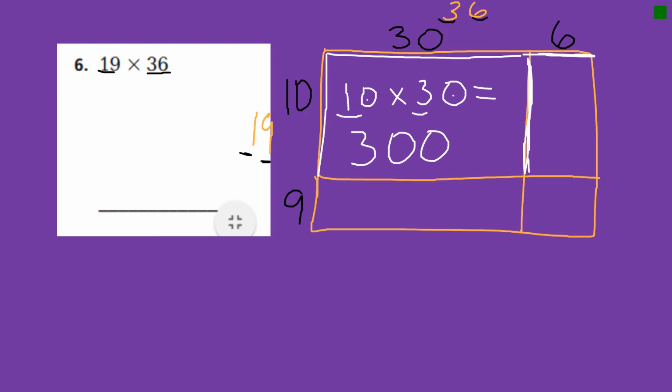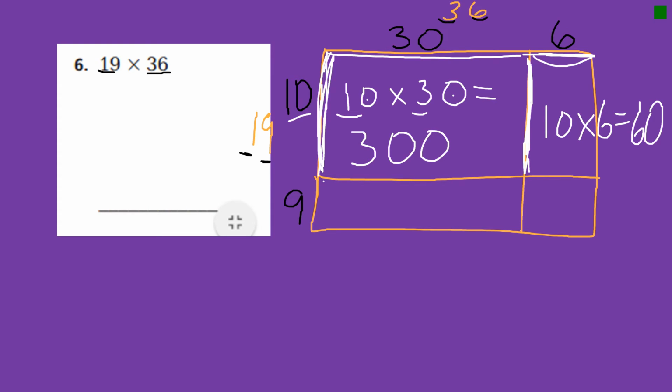How did I know that was 10 rows? It's not even labeled because this is 10 rows. Okay? And it's a rectangle. Parallel lines of the rectangle are the same length. So 10 rows of 6 is 60.